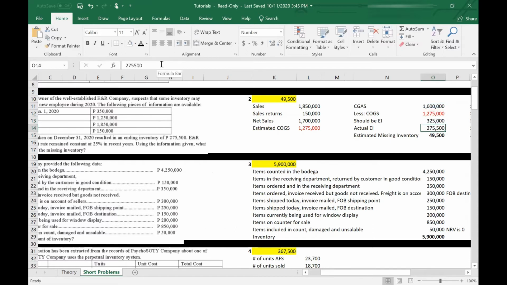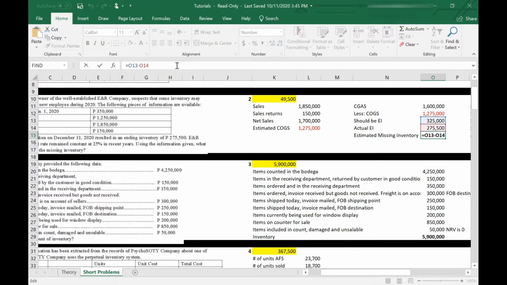Now, upon counting, the company was only able to retrieve actual ending inventory amounting to 275,500. But then your record says that you should have 325,000 of inventory. Therefore, the discrepancy between the two represents the estimated missing inventory.